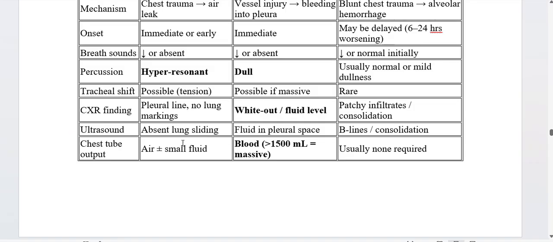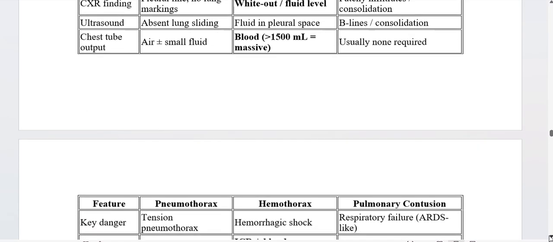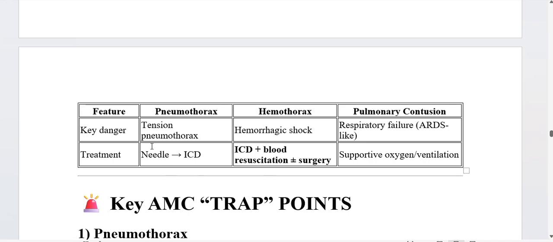Chest tube: for air and small fluid we will do the chest tube. Blood more than 15, we will do the chest tube. In contusion, usually not required. Key danger: tension pneumothorax, hemorrhagic shock, respiratory failure in pulmonary contusion. For tension pneumothorax, needle thoracostomy; for hemothorax, drainage; for contusion, oxygen and ventilation.